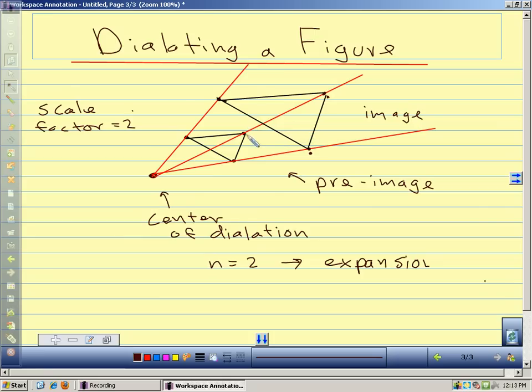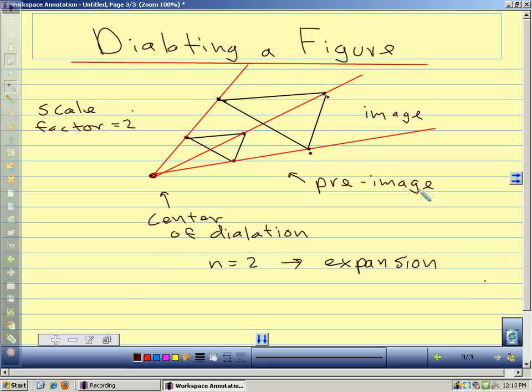Now if your scale factor is negative and it wants you to draw the dilation with a negative scale factor, instead of going this direction, I would go the opposite direction. So I'd measure from here to here and then go the opposite direction 2 times that long if my scale factor were -2. So my image would end up being over here rather than further than our pre-image.